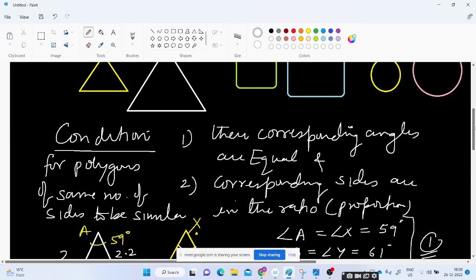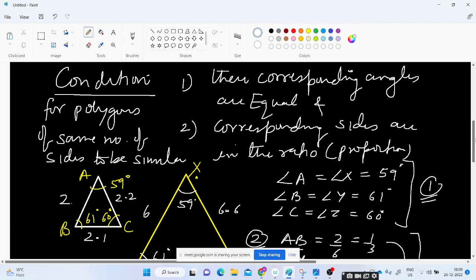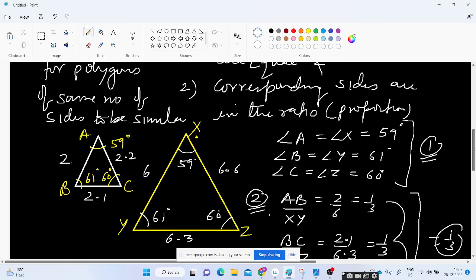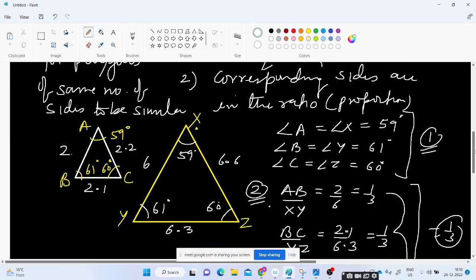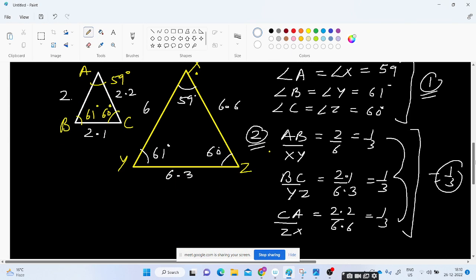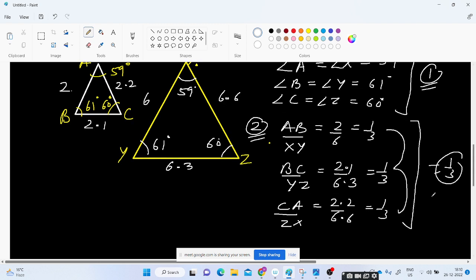So both conditions are fulfilled, that is corresponding angles are equal: angle A and X, B and Y, C and Z are equal. Corresponding sides are in the same proportion or ratio. We divide the sides and we are getting 1 upon 3, 1 upon 3. So it means both conditions are fulfilled. Now we can say triangle ABC is similar to triangle XYZ.